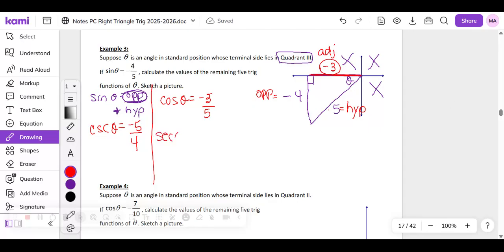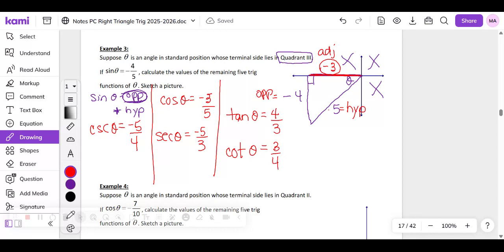For the secant, we're going to flip that over, right? Write the reciprocal, so negative 5 over 3. Tangent is opposite over adjacent. Notice it's negative 4 over negative 3, so of course you'll make that positive. Tangent is positive in the third quadrant. And cotangent, we're going to write the reciprocal of tangent, which is 3 over 4.